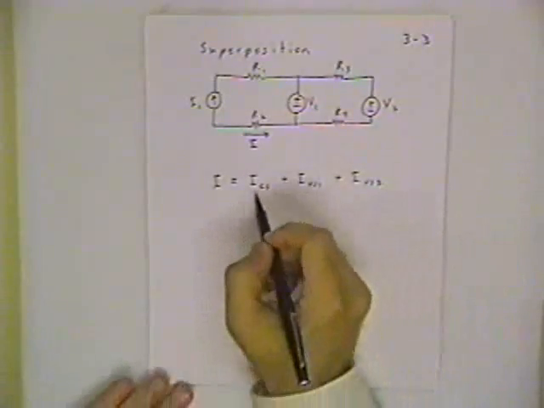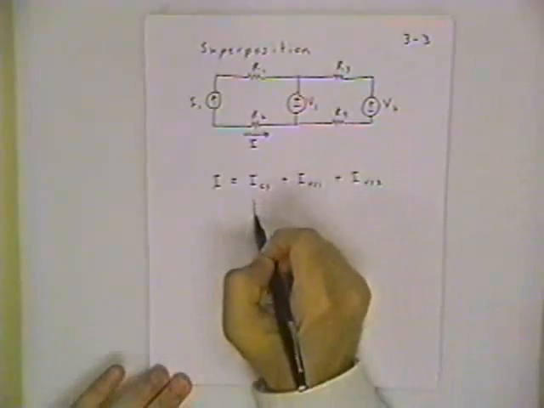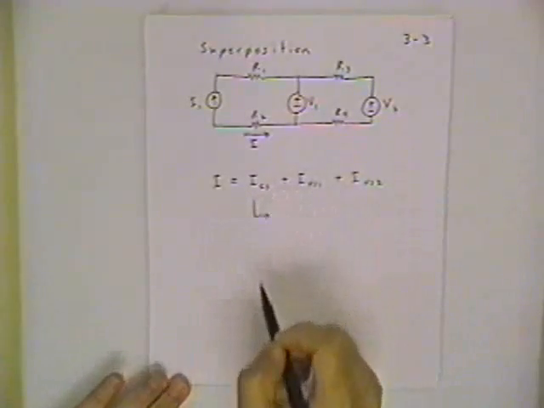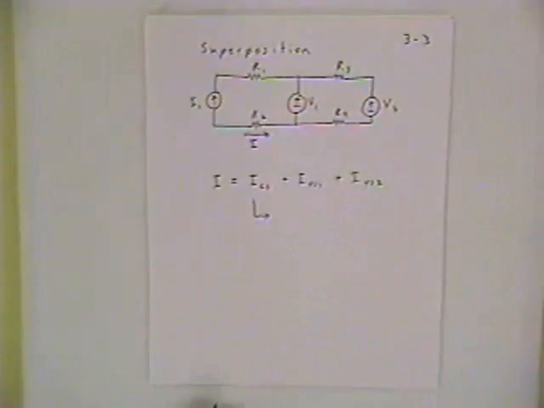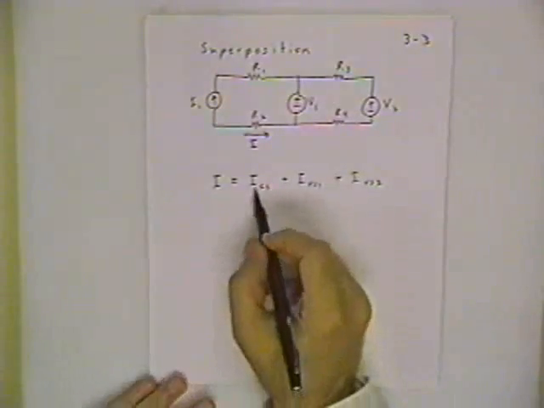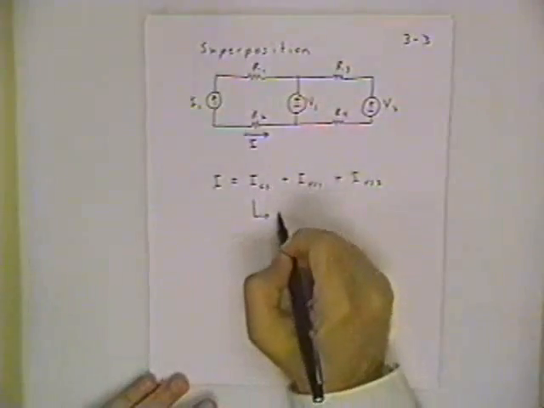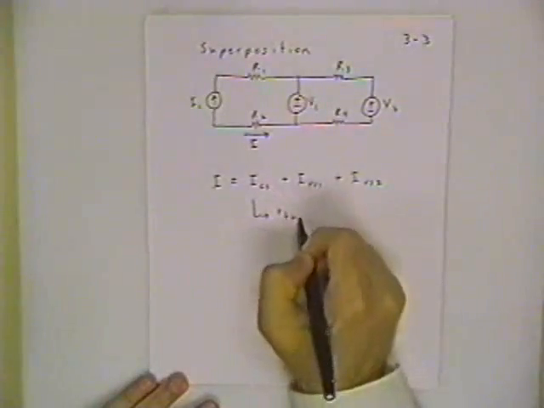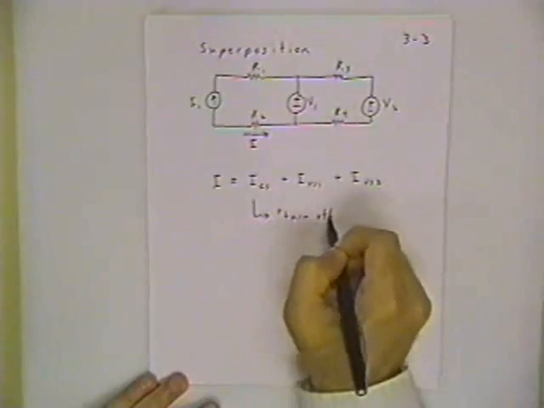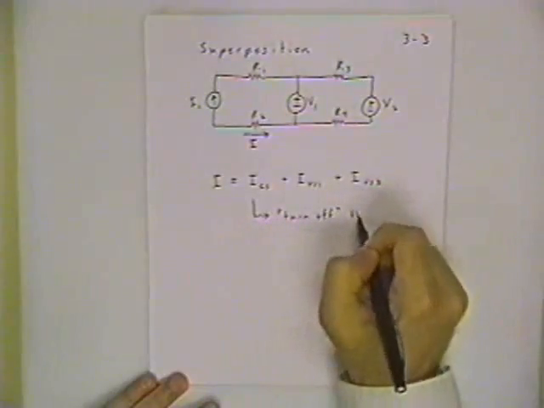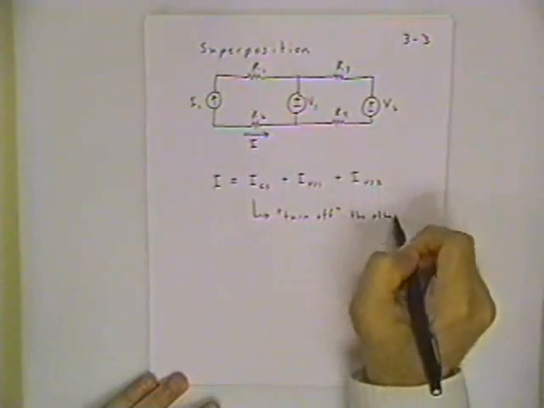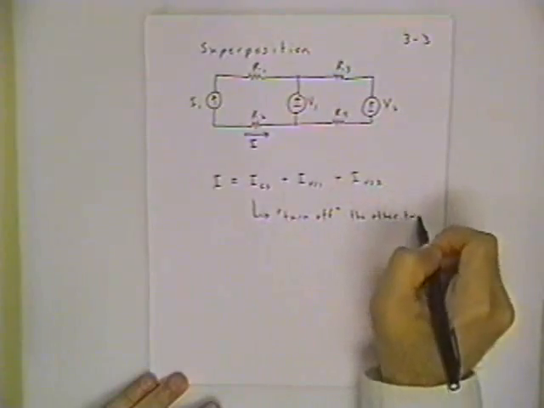What I would do to calculate this current, and I'm only going to discuss this with you in a general way, just so that you have some foundation to understand the op-amp problem later on, in order to calculate this, I would turn off the other two sources.